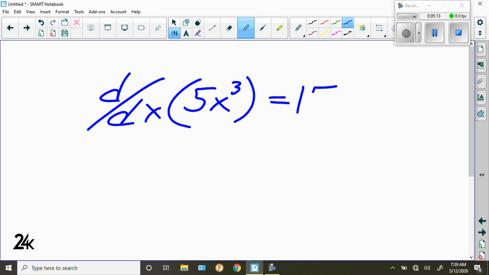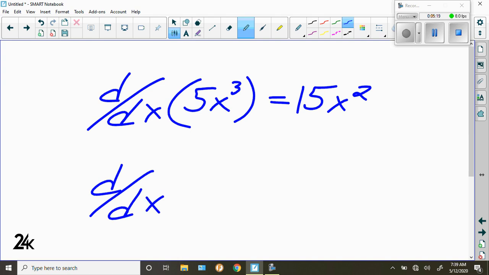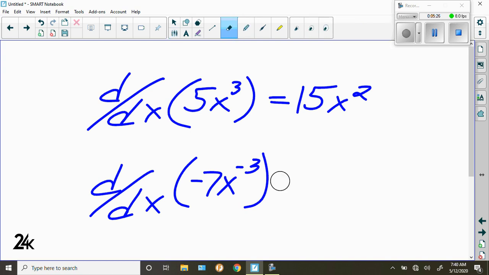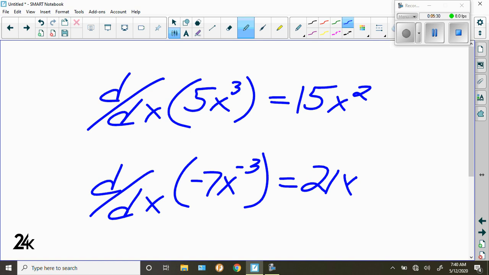So this would be 15x squared. Or if I asked, what's the derivative of -7x to the negative third? That would be 21x to the negative fourth. Negative 3 times negative 7 is 21, and then you still subtract 1.